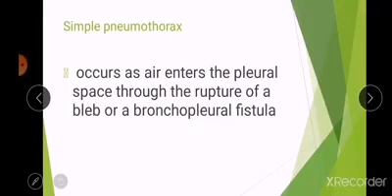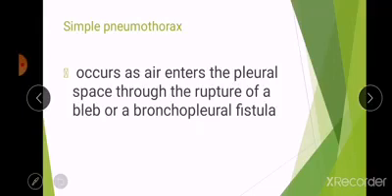And then, this may cause a partial or complete accumulation of air in the pleural space but does not result in major changes in the patient's physiology. Kaya siya tinawag na simple pneumothorax.